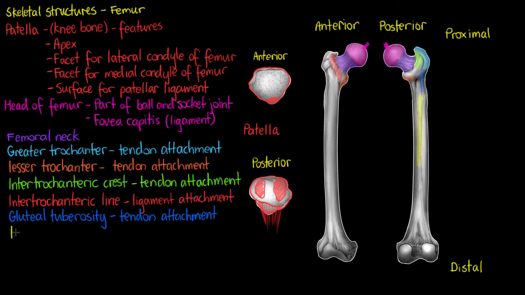And just below that, like I just mentioned, we can see the full body of the linea aspera. The linea aspera being a long, roughened surface that is going to act as a tendon attachment point for several different muscles. So it's quite a long and distinguished feature, as we can see on the drawing here.